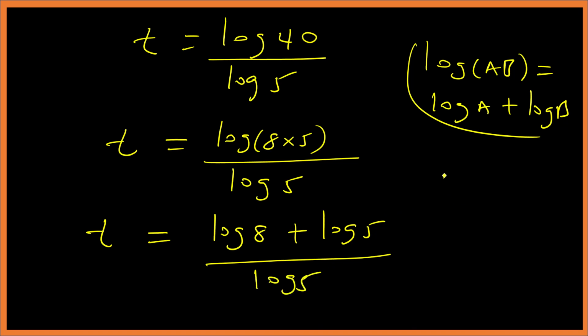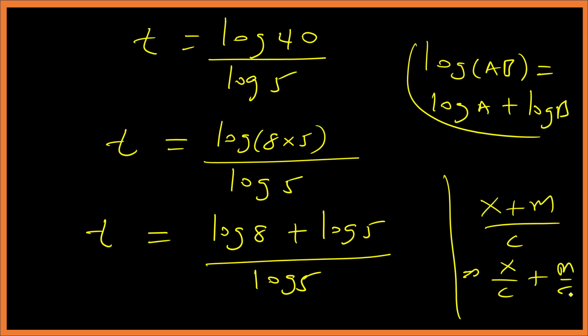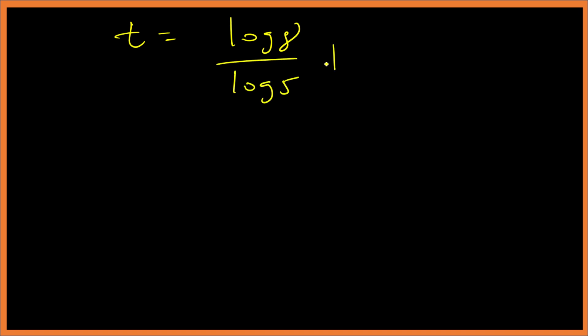Now, when we're given x plus m over c, it is the same as x over c plus m over c. So we can write this one as log 8 over log 5 plus log 5 over log 5. So t is log 8 over log 5 plus log 5 over log 5.